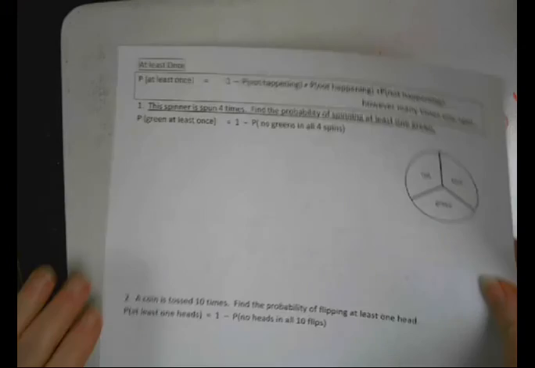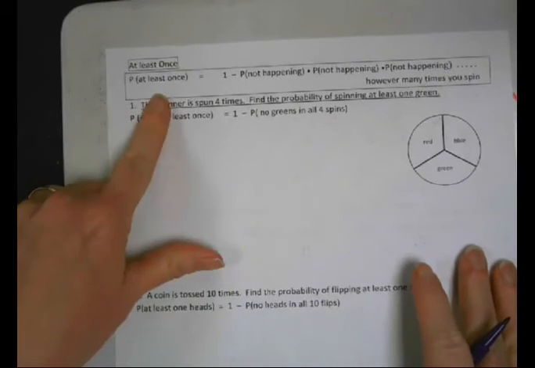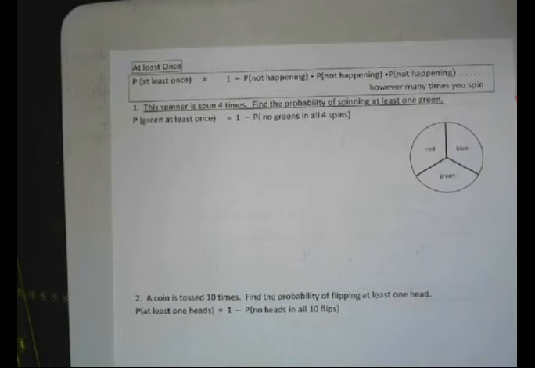All right. So here is your formula written out for you at the top. The probability of something happening at least once is 1 minus the probability that it doesn't happen times the probability that it doesn't happen times the probability that it doesn't happen, however many times that you're going to spin.